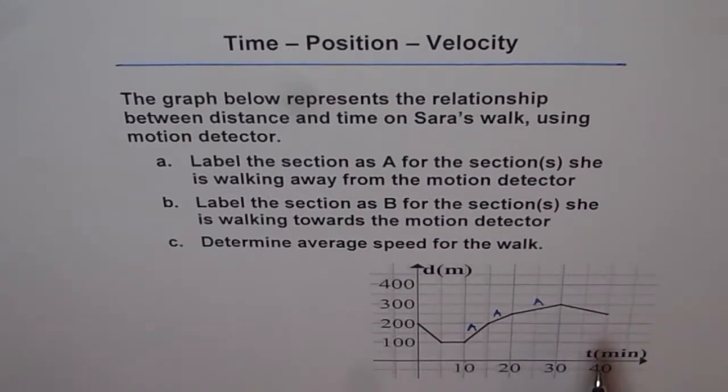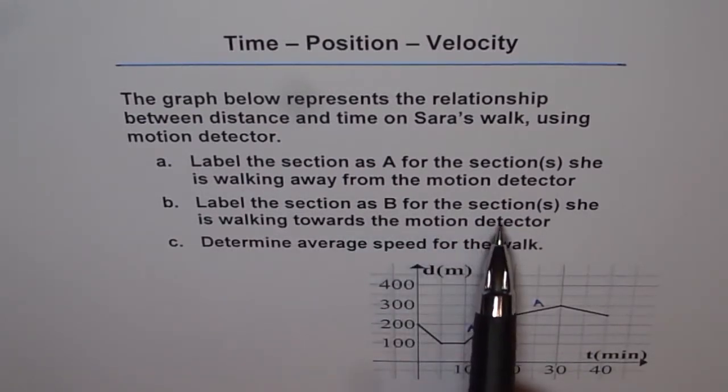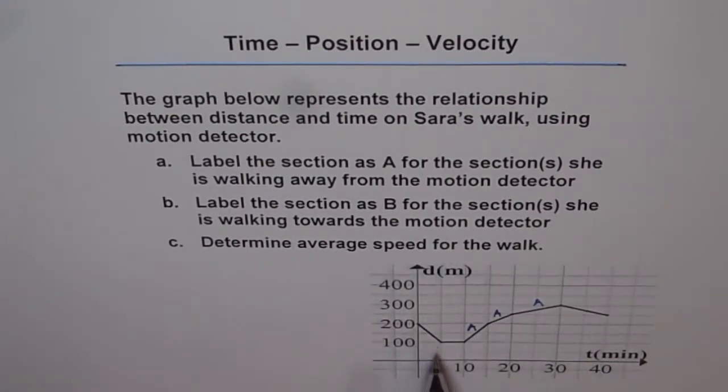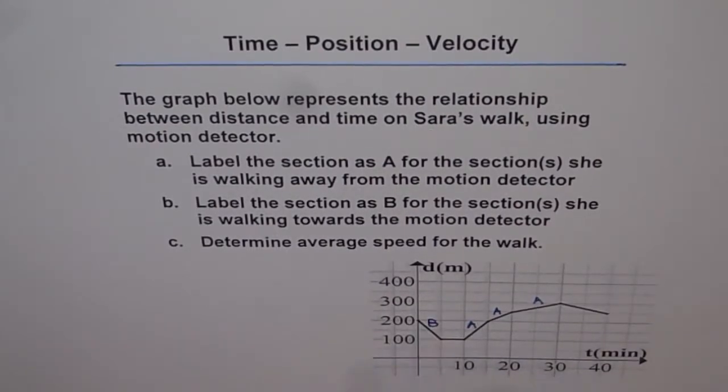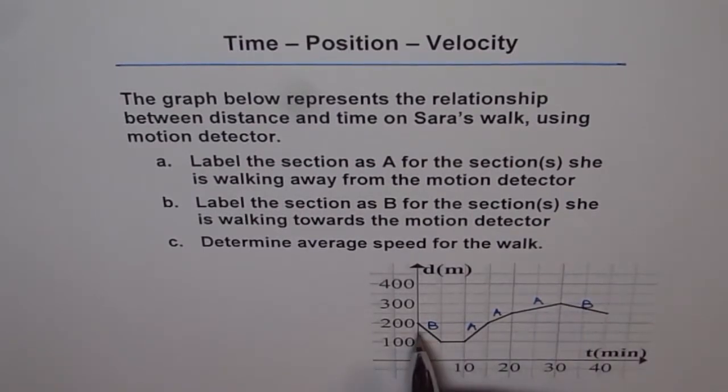Now in the final leg, from 30 to 40 minutes, the distance starts decreasing, and therefore Sarah is walking towards the motion detector, correct? So for part B, we label the sections as B for sections she is walking towards the motion detector. We have two sections here: the first 5 minutes we can label as B, and the last 10 minutes as B. These are the two sections where we have lines going downwards, negative slope.